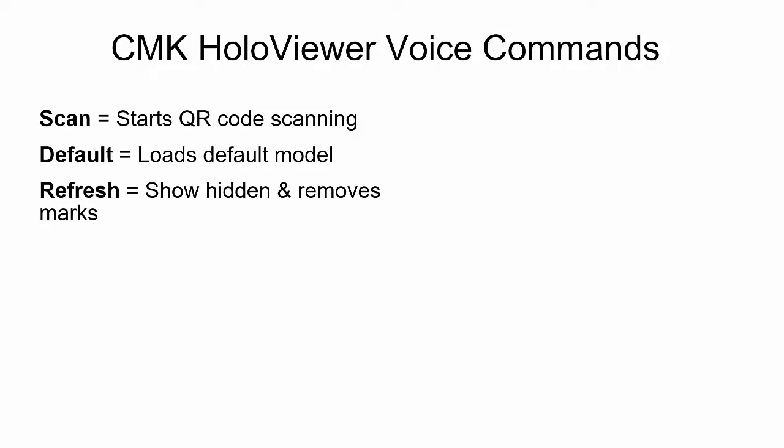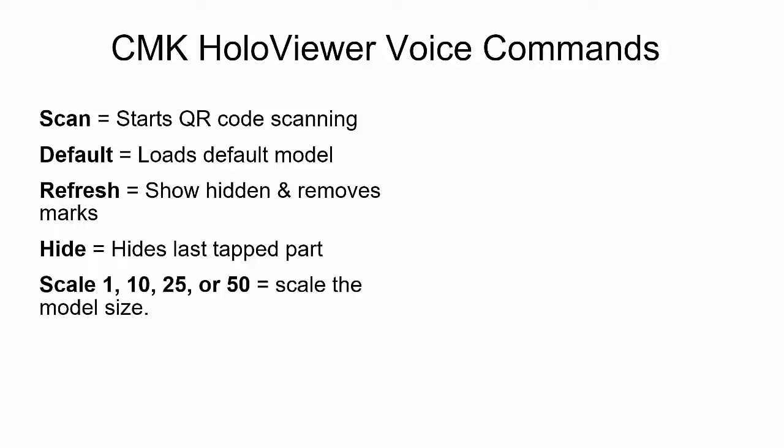And then refresh shows hidden items and also removes any of the marks from you tapping and selecting objects. Hide will hide the last tapped object or tapped part. And then you can say scale 1, scale 10, scale 25, or scale 50 to scale the model size.